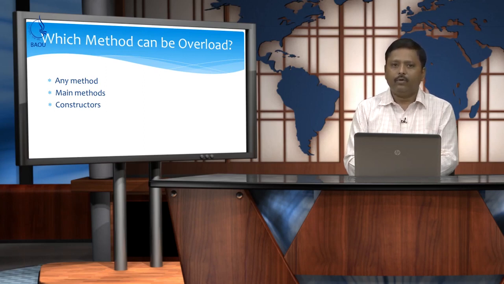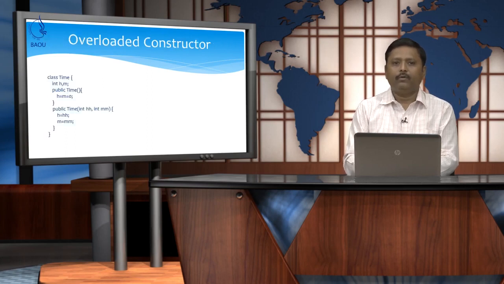So, you can define multiple constructors in a class, and the main method, which is the primary start point of execution of your program, can also be overloaded. So, you can overload the main method as well as constructors and any method, with the conditions that we have discussed. So, these three types of method we can overload.